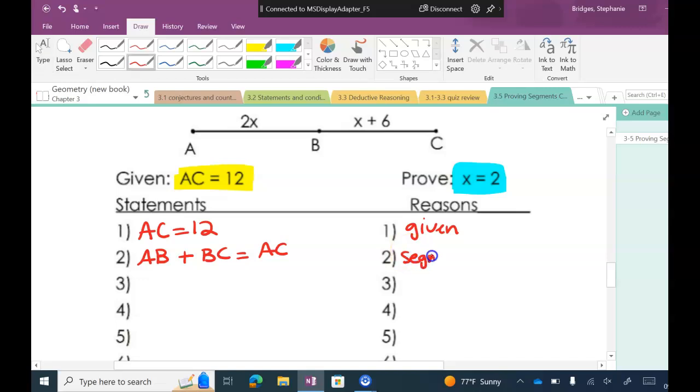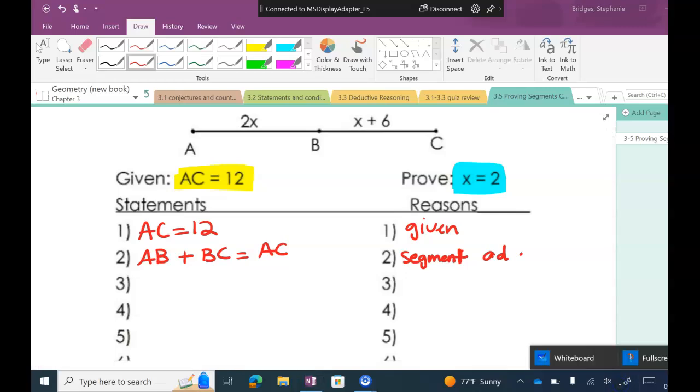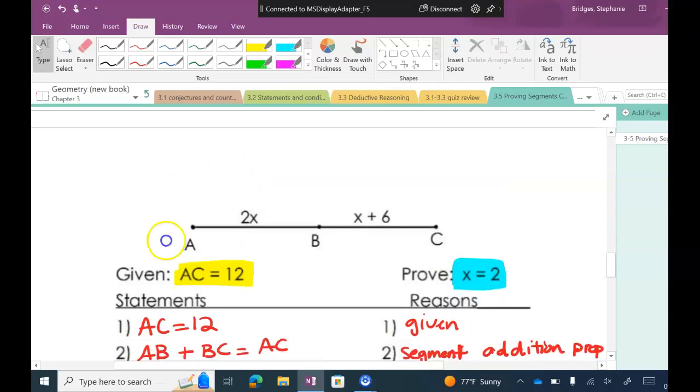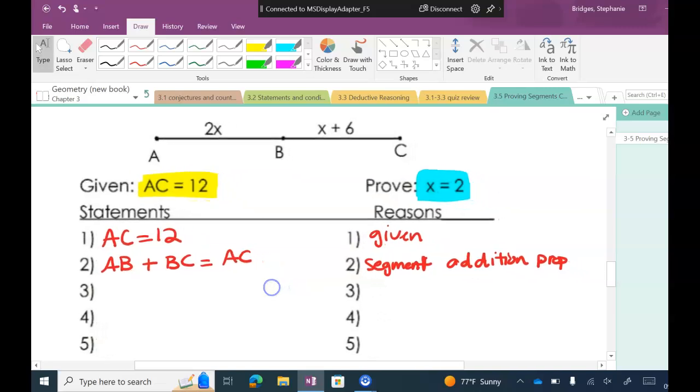So segment, if I can get my pen to write, sorry, it's not working properly. All right, so here's the thing. Just a second ago, Joey told me that 2x plus x plus 6 was equal to AC. That is correct.